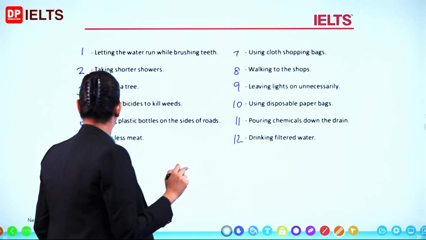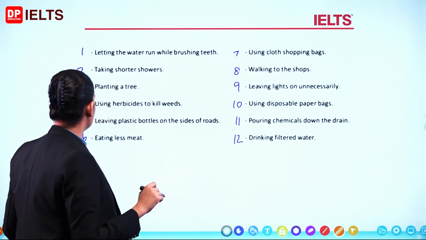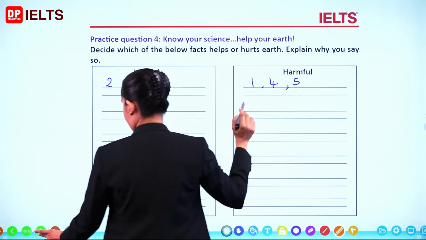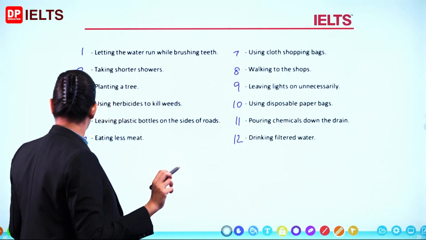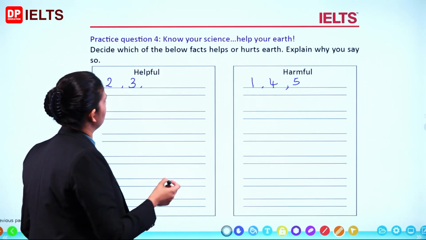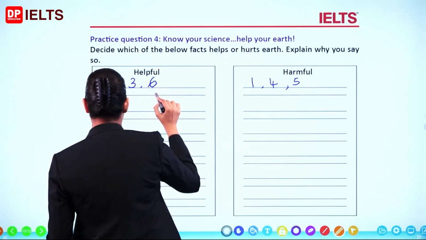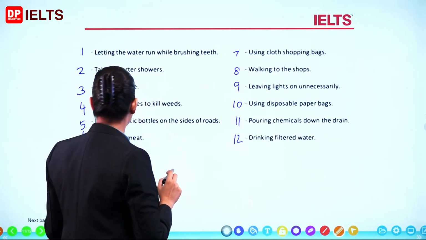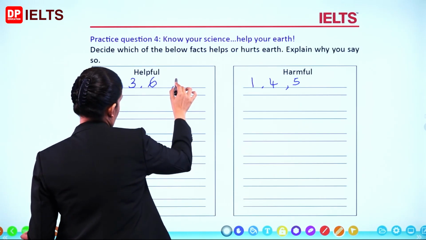Leaving plastic bottles on the side of the road, harmful. Eating less meat, I think, yeah, that's quite helpful. You're not killing too many animals. Using cloth shopping bags, helpful.